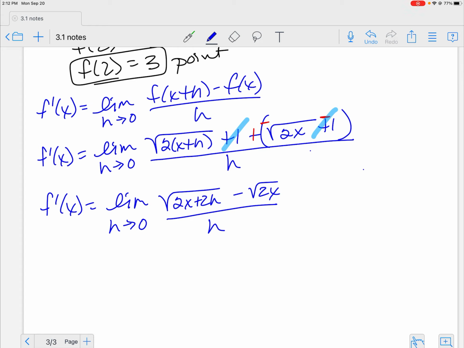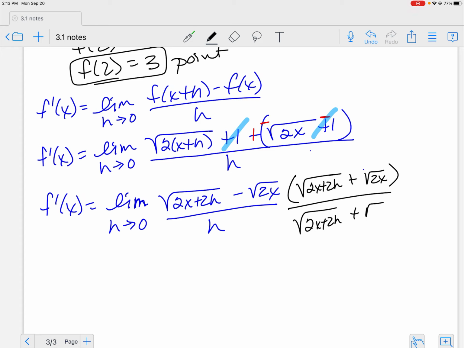Now, this is not something that I can just algebra down in terms of combining like terms like we did with the polynomial. What do you think we need to do here? Yes, the conjugate, just like we did in the last chapter. Well, look how that came in handy. So conjugate: the square root of 2x plus 2h plus the square root of 2x over, remember, whatever you do to the top, you have to do to the bottom, the same thing.